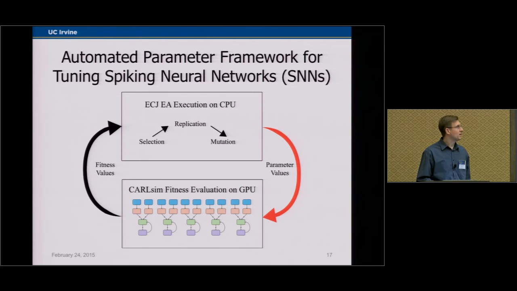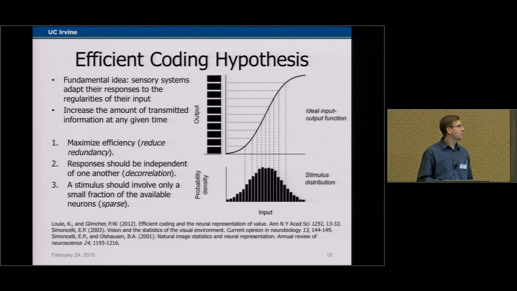But one major question you may be wondering is, okay, what are you going to use for the fitness function? Okay, right? Because that's the most important component here. So we wanted to make sure to avoid tuning in an arbitrary way. So we're trying to tune based on the efficient coding hypothesis, okay, which is information theoretic. So the idea is you want to reduce redundancy.